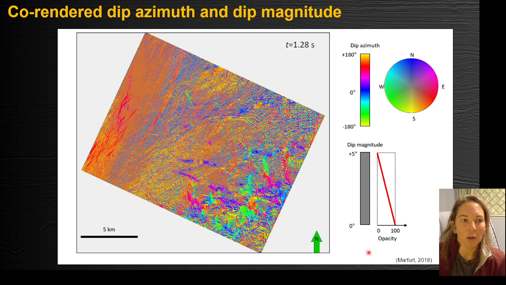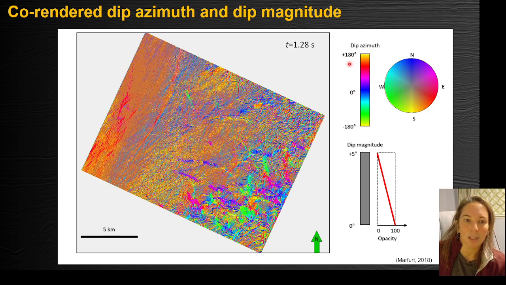Once you calculate and you go through your entire 3D volume, you can do some co-rendering of your dip azimuth and dip magnitude. And so that's what I'm showing here. So I talked about how you can take two different attributes. A lot of times we put one of them in a grayscale and then we make it transparent or slightly transparent. And so that's what I'm showing, where we've got the dip azimuth set in there as angles.